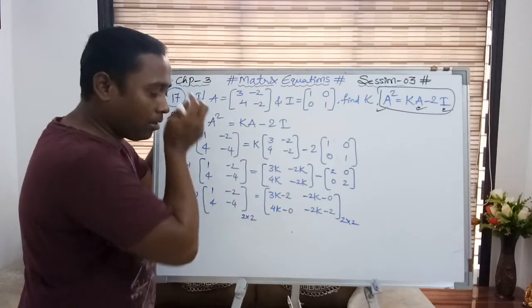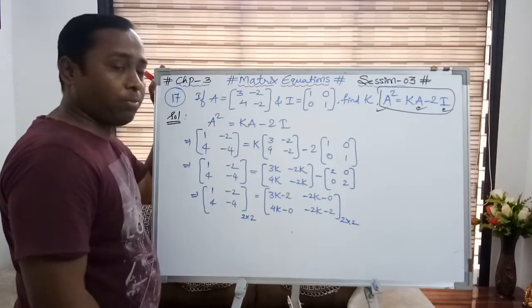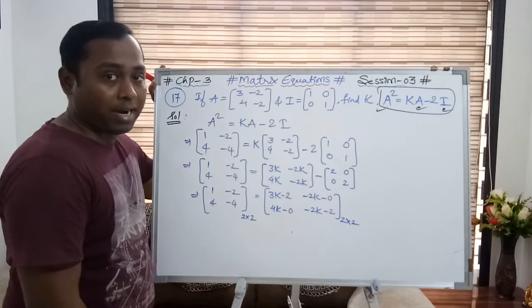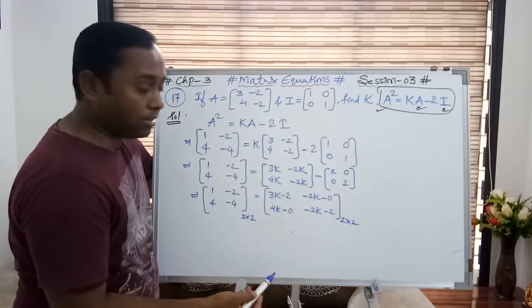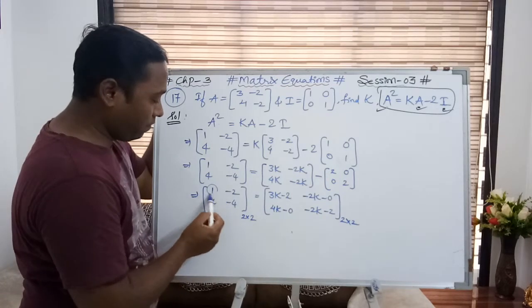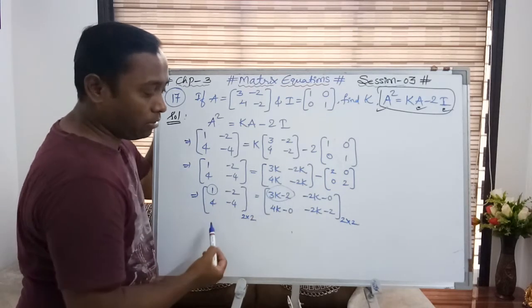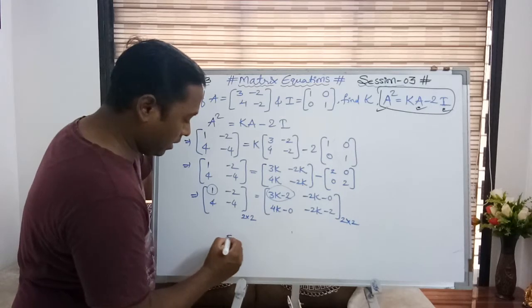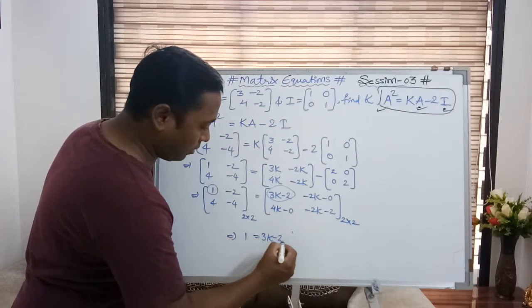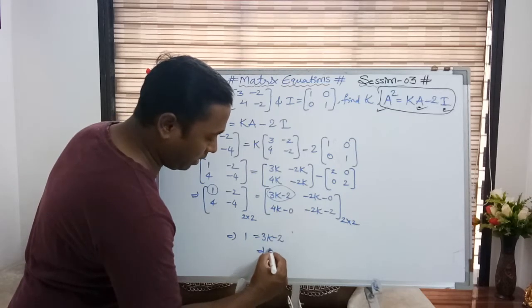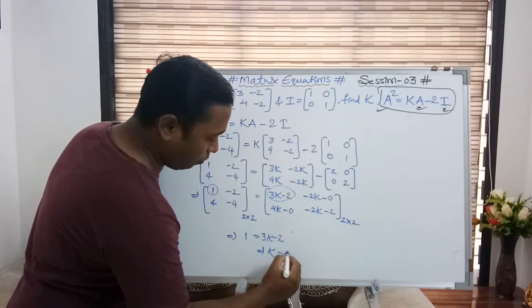Hence, these matrices can be called equal matrices, where you can compare the corresponding elements. So if I compare the first element with the first element, 1 is equal to 3K minus 2.